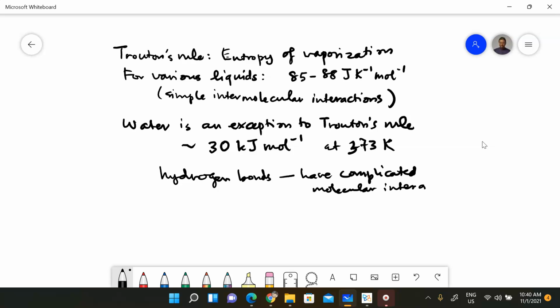That's why you have this higher entropy of vaporization. In other words, your entropy of vaporization can be determined through the idea of latent heat.